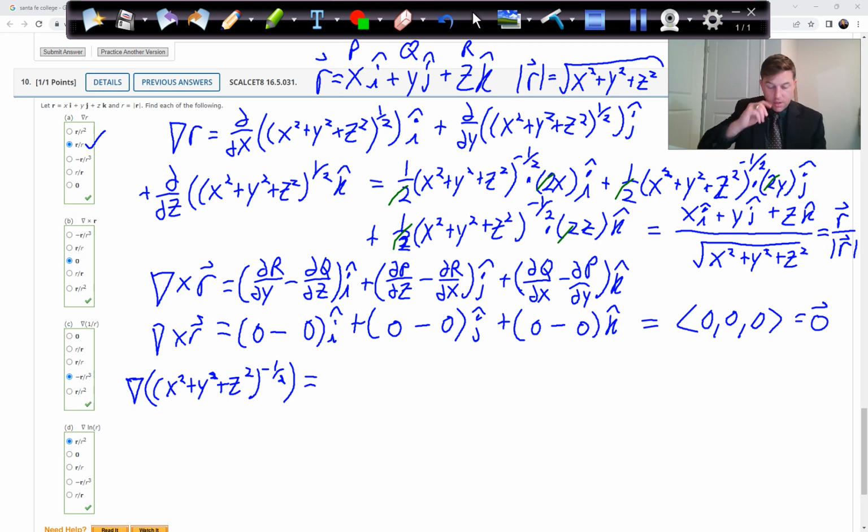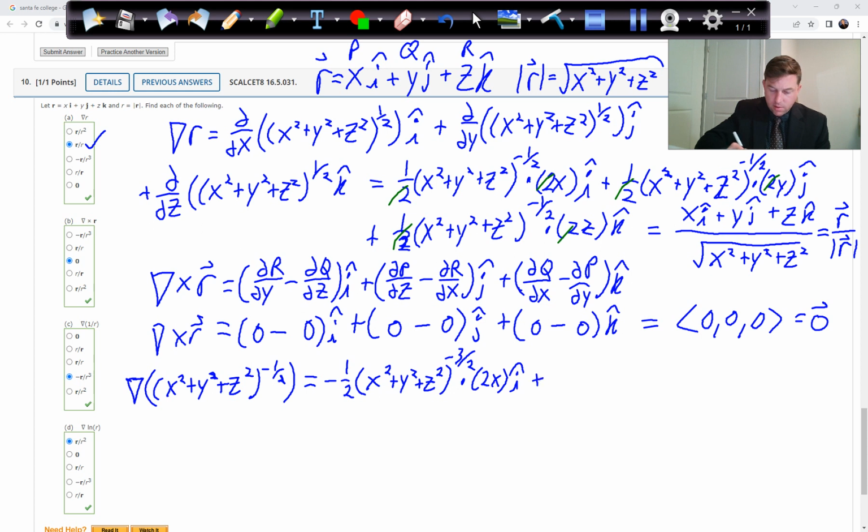Which would be the partial derivative of this with respect to x. It's going to look really similar to what we just saw. Minus 1/2 x squared plus y squared plus z squared raised to the minus 3/2 now, because that minus 1/2 subtract 1 gets bigger in the negative, times 2x in the I direction.